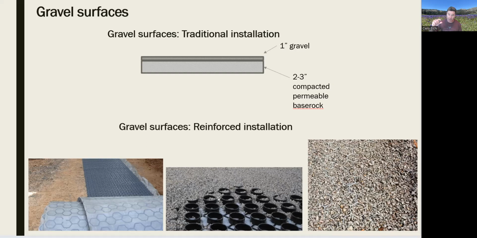So go thin with the gravel layer, go thick and compact with a permeable base rock layer. And then if you really want a solid walking and driving and ADA accessible surface, use one of the reinforcement methods. Again, lower on the expense. Generally, if you add reinforcement to this, it ends up being about the same cost as a plain broom finish concrete.